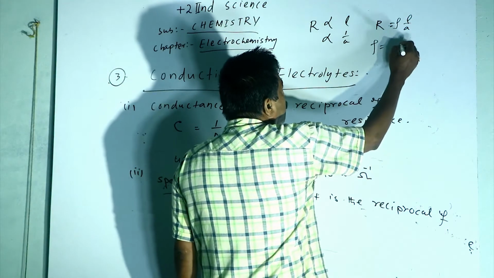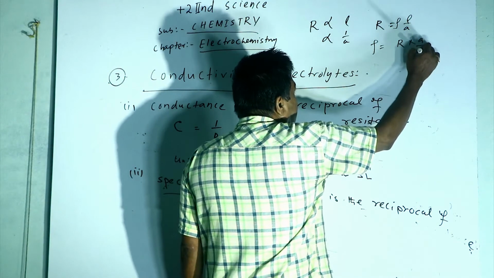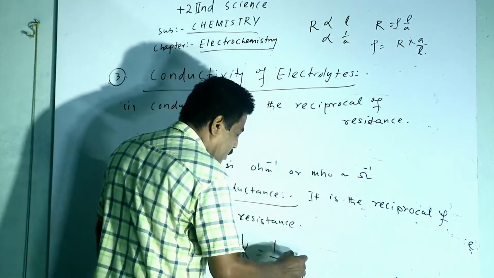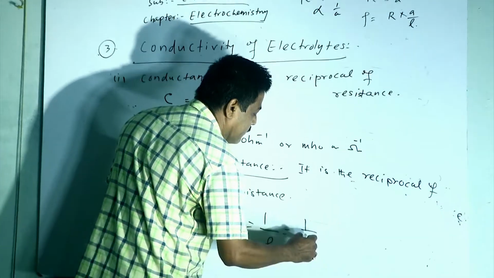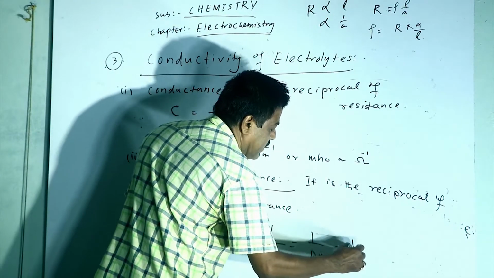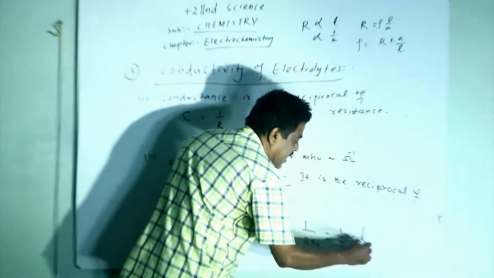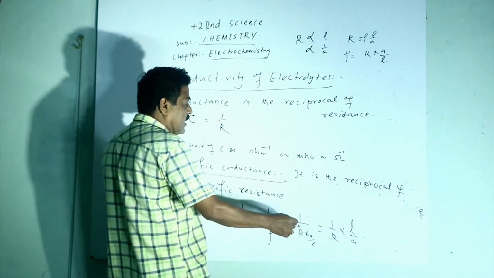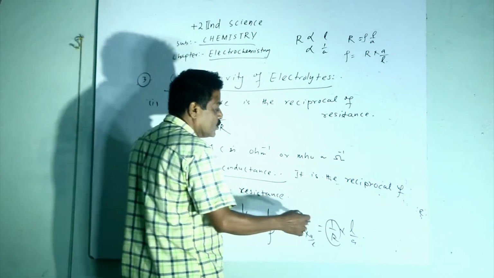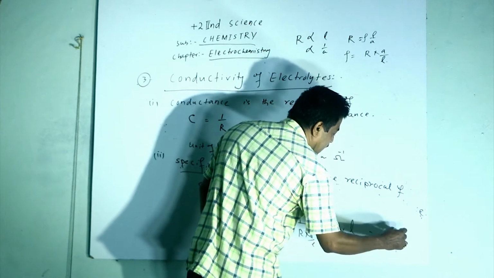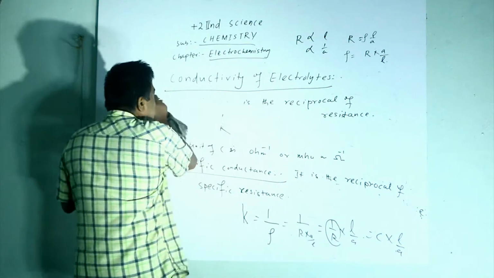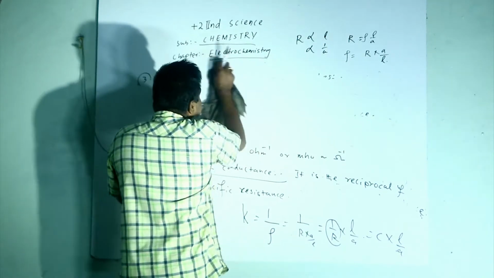So rho is equal to R into A by L. Writing the value of rho here, you may write 1 by R into A by L, that is equal to 1 by R into L by A. Here 1 by R is called conductance, you know. So it is C into L by A.